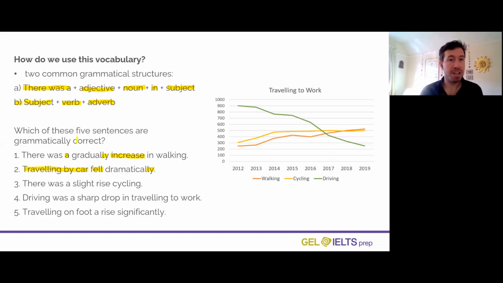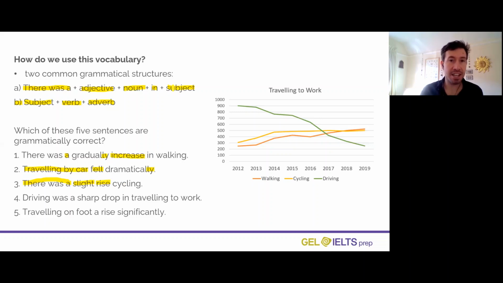So yes, that one's fine. Let's look at number 3. There was a slight rise cycling. Okay, well, it's this first pattern, A. There was a, fine. Slight is an adjective, so that's correct. Rise is a noun. Okay, we've got a rise.